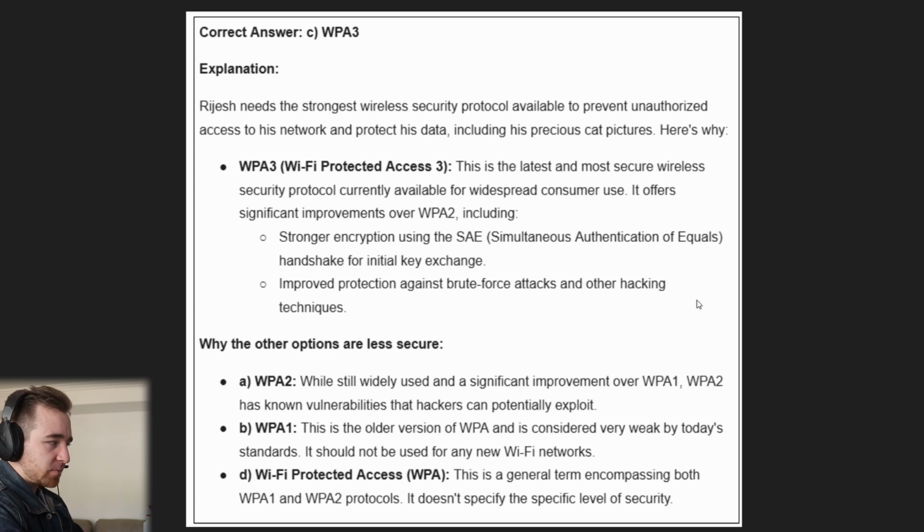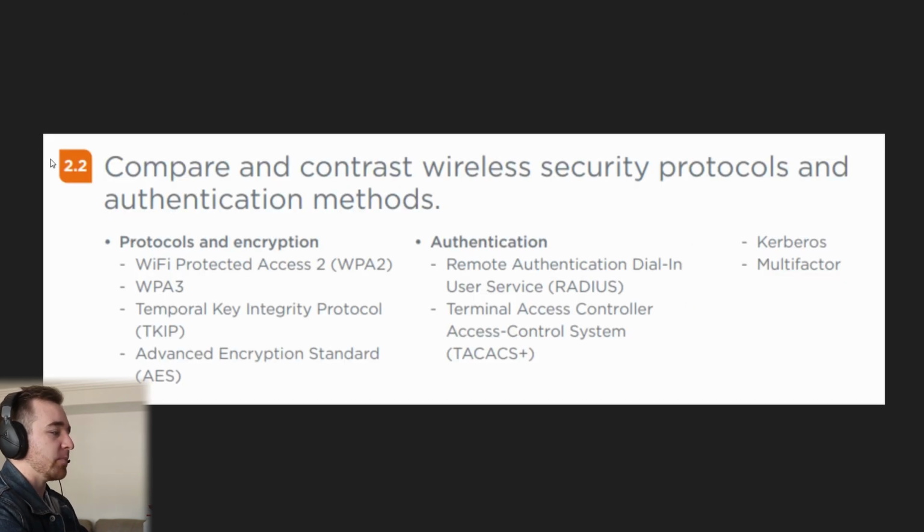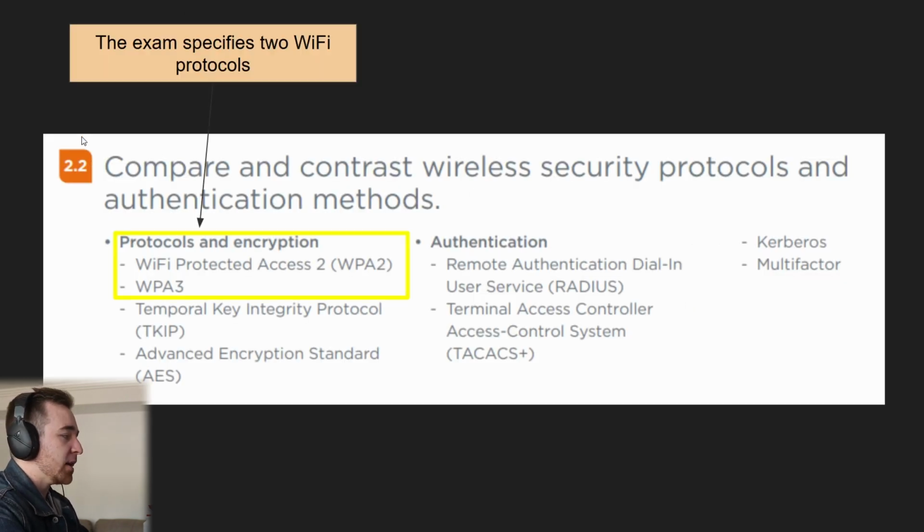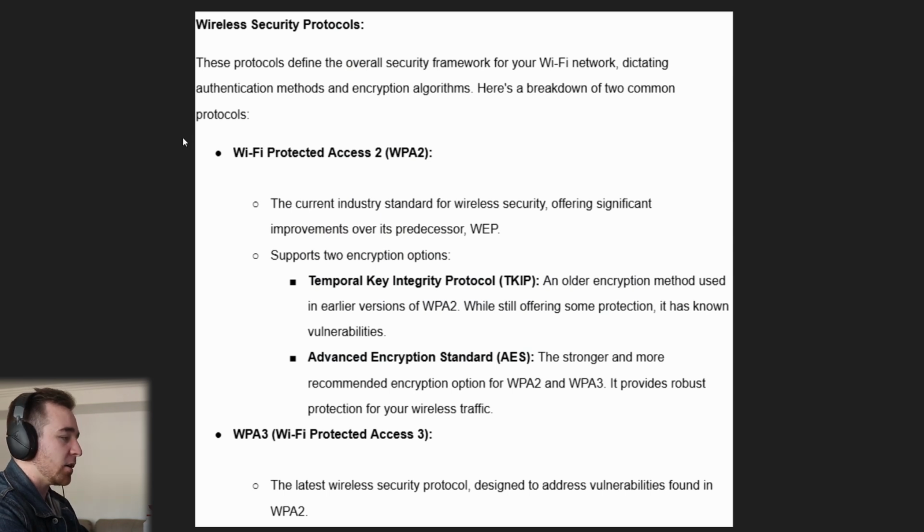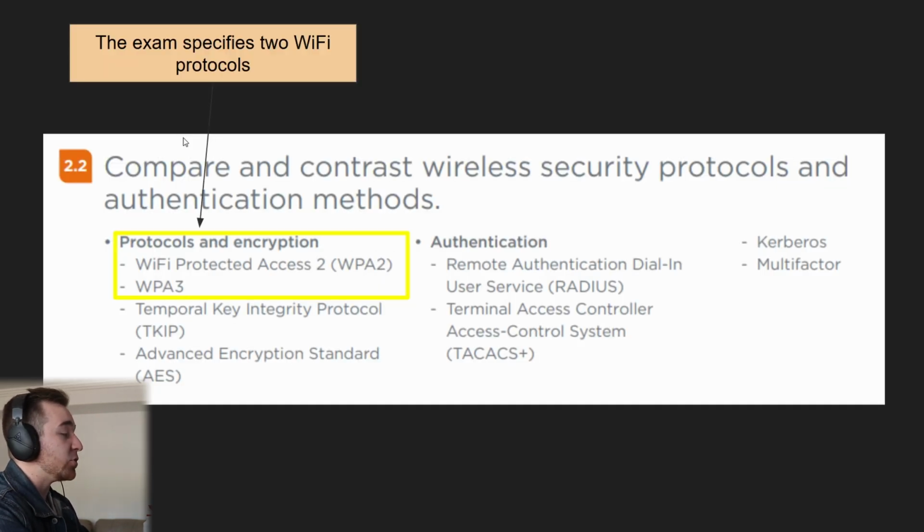But essentially, for your exam, you're going to need to cover these two wireless protocols. So you've got WPA2 and WPA3. This is coming straight out of exam objective 2.2, which says, compare and contrast wireless security protocols and authentication methods.